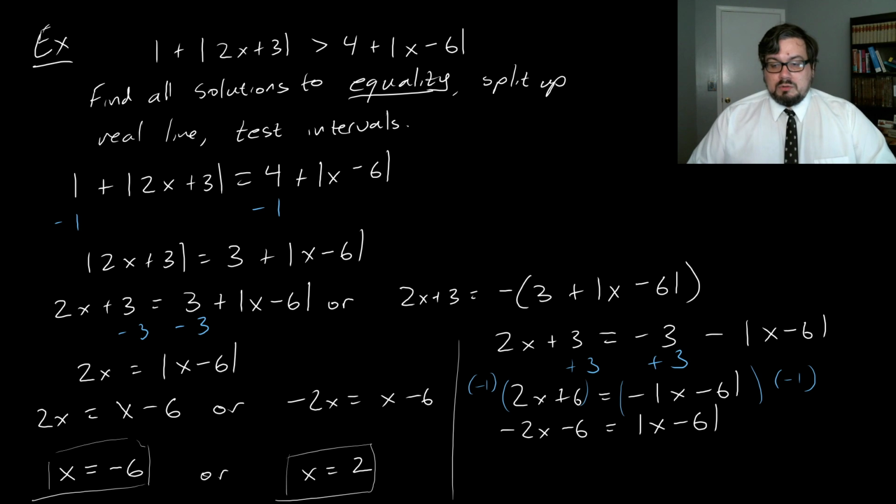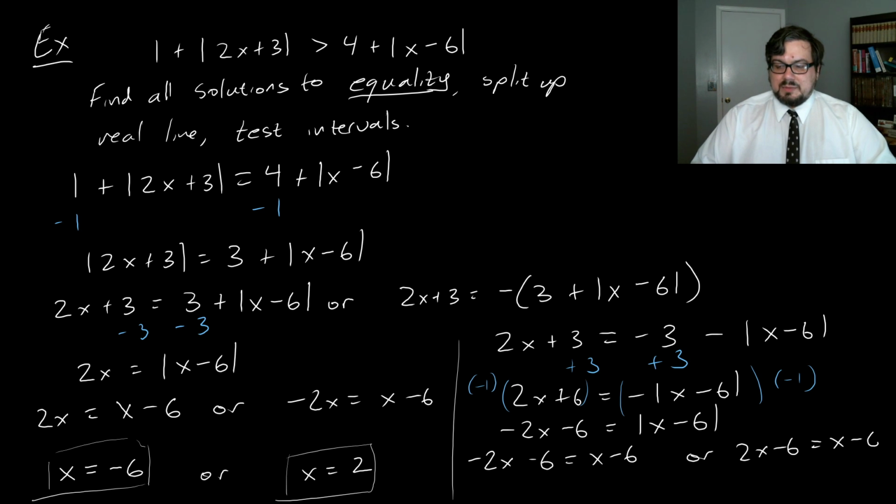And so from here we can get negative 2x minus 6 equals x minus 6, or 2x minus 6 equals x minus 6. In the second case, I've multiplied the negative 2x minus 6 by negative 1, because that's how we solve an absolute value equality. And then solving these down, in the first case, we get x equals 0, and in the other case, we get x equals 0 also.